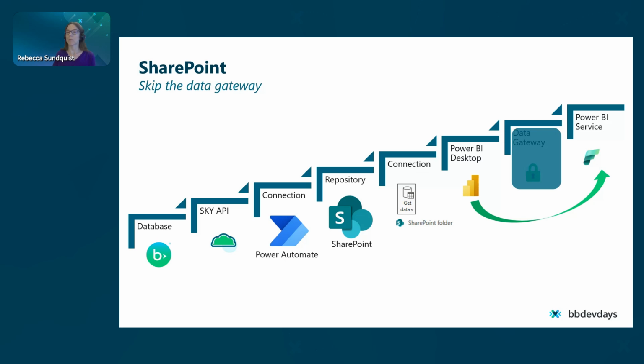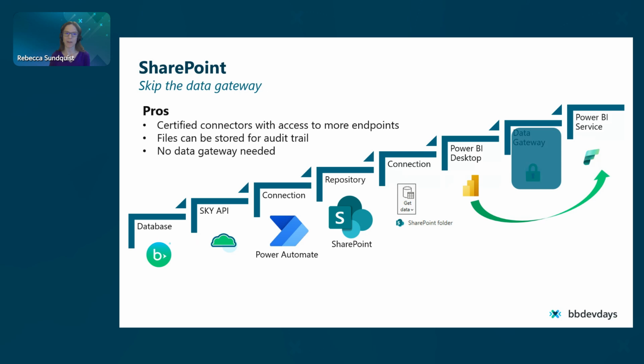We skip over the data gateway with this method because SharePoint in the Microsoft tenant and Power BI service in the Microsoft tenant are able to talk to each other through the same authentication. And so if you are using a SharePoint site where you have access and a Power BI service workspace where you have access, then you're able to pull the data all the way through.